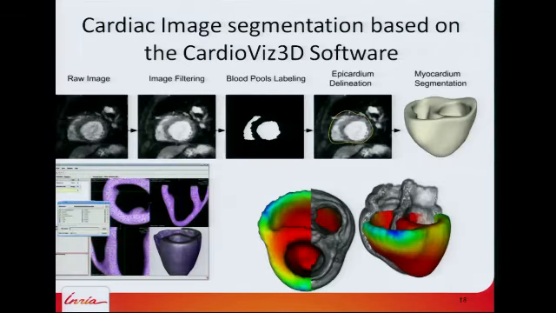So in terms of anatomy, again, this is the business of applying image segmentation approaches, so to build computational meshes like those ones from MRI or CT. So I will not go into the details, but at the end, what we produce is volumetric meshes of the right and left ventricle.